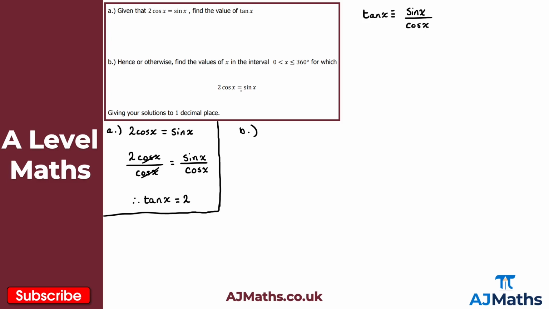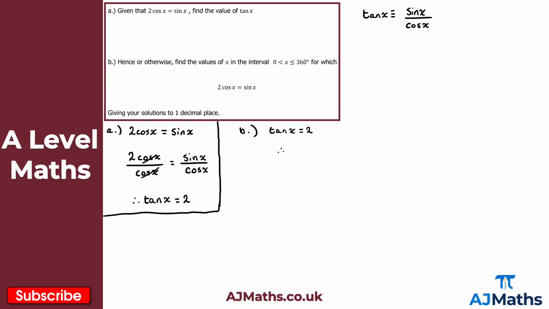If we have 2 cos x equals sin x, we want to solve this equation for this given interval, but we know that 2 cos x equals sin x is just the same as tan x equals 2. This is much easier to work with. So tan x equals 2. Well, our trigonometric function here is isolated, so we can go straight into taking tan inverse of both sides.